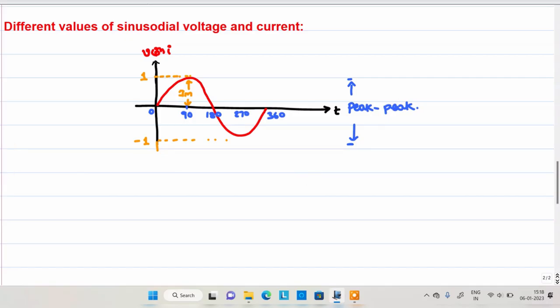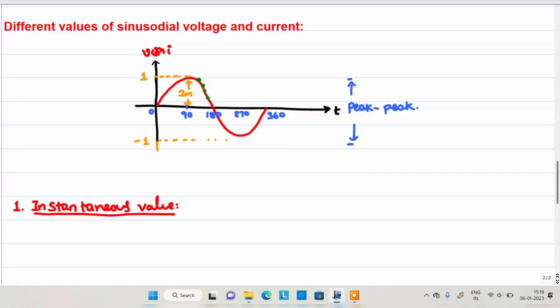Now the first parameter here is the instantaneous value. Let us see what is meant by instantaneous value. Instantaneous value means that in the particular waveform we can consider any point.